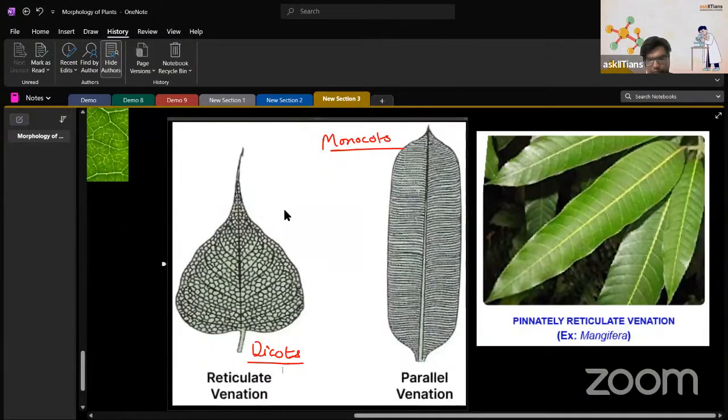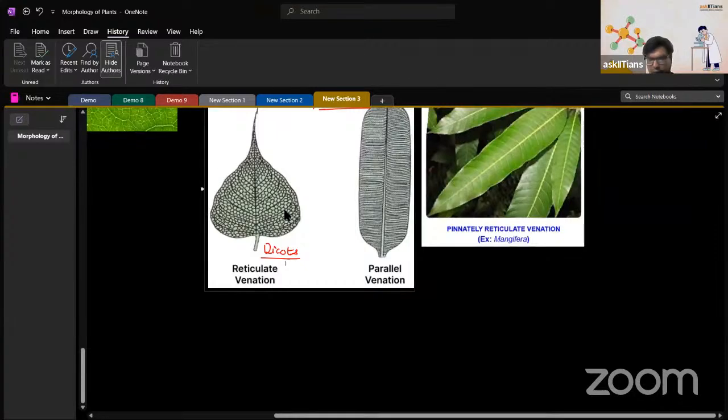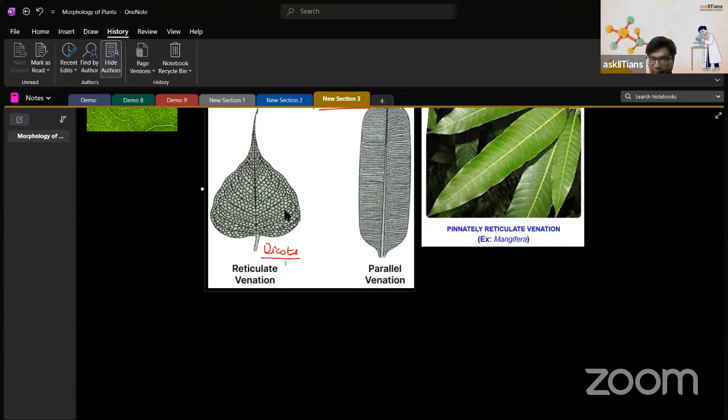Now, types of leaves. First of all, there is one that we call a simple leaf, and there is one that we call the compound leaf, right? The difference is quite simple actually.